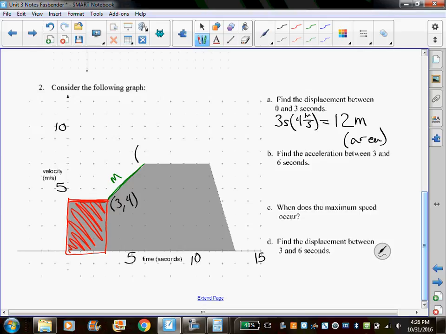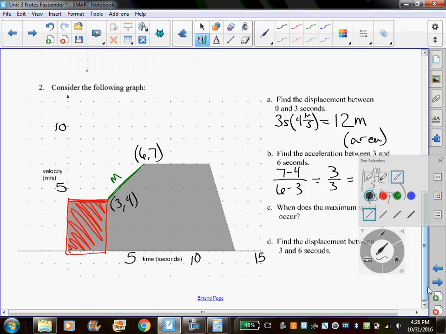This point looks like it is 6, 7. So if we do y2 minus y1, 7 minus 4, over x2 minus x1, 6 minus 3, we end up getting 3 over 3. Our acceleration appears to be 1 meter per second squared, which we found by looking at the slope of the graph.